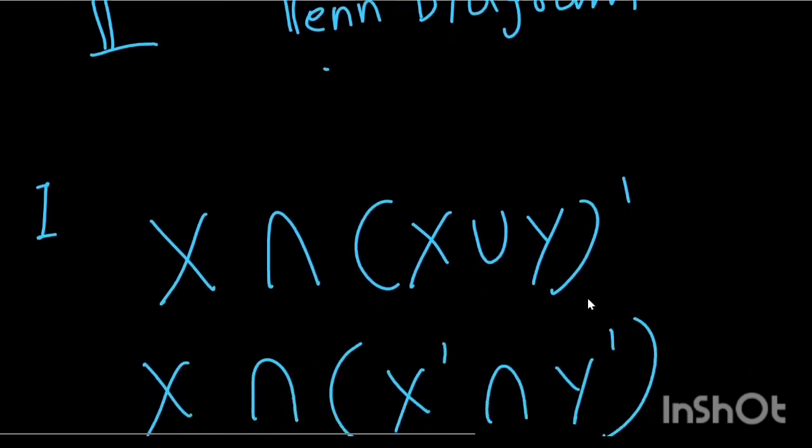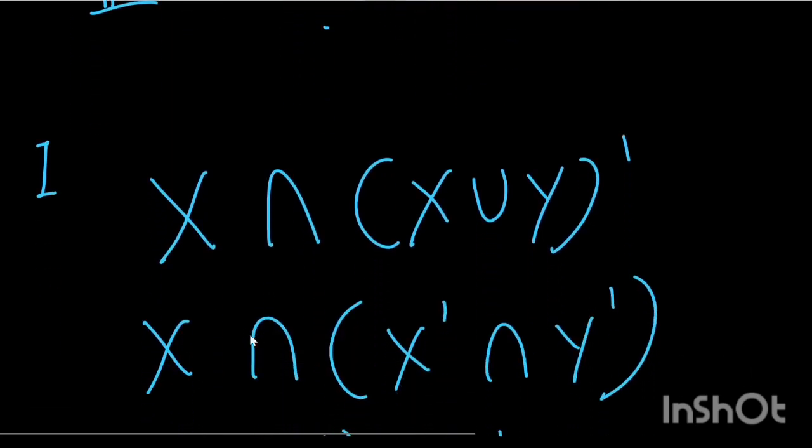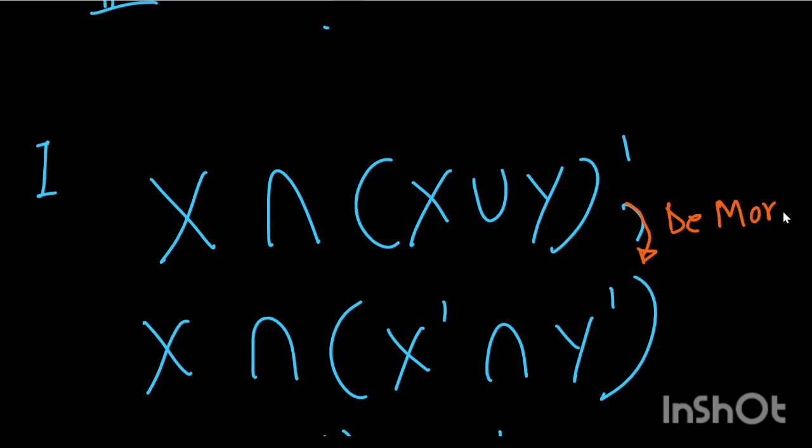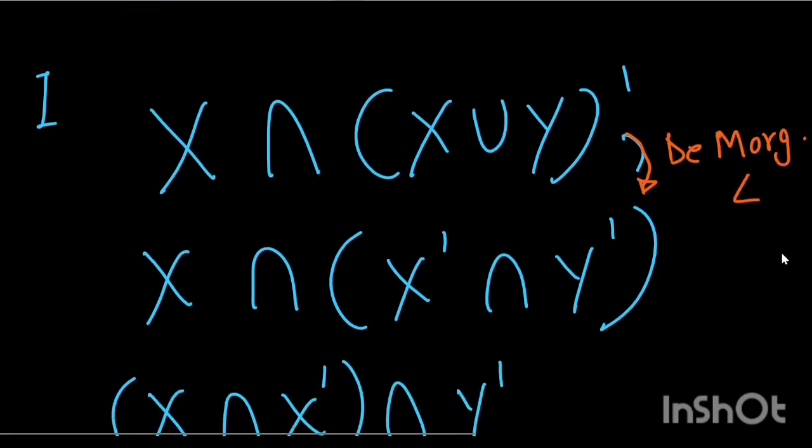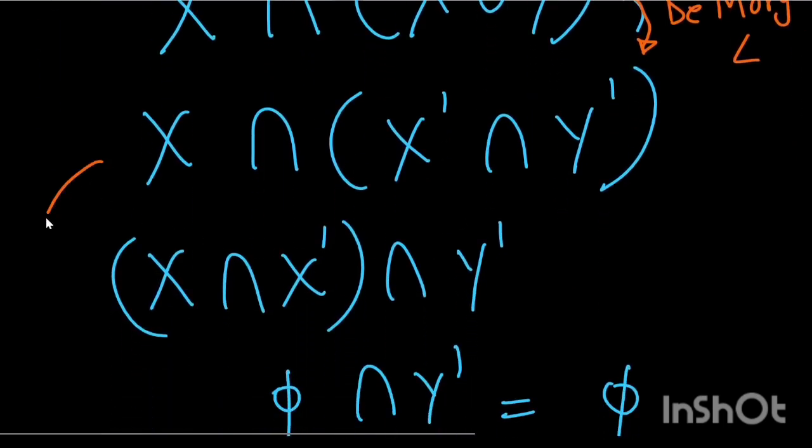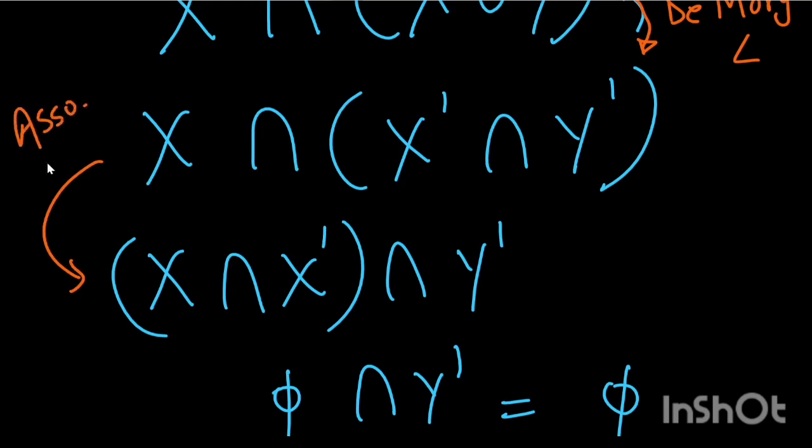So X intersection (X union Y)', this question we will write, and using De Morgan's law, this becomes X' intersection Y'. Now from here to here, which property will we use? We will use the associative property, because here only intersections are there.